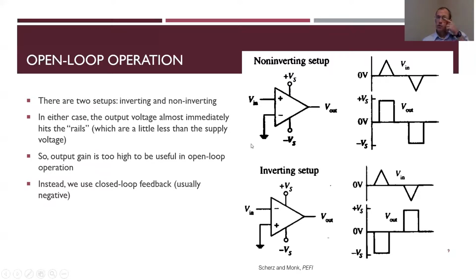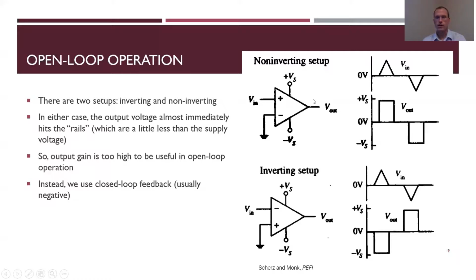The problem with open loop is that the output voltage almost immediately does something that we call hit the rails. I have some voltage source coming in powering this thing. My voltage out can really never be higher than that because I can't just make up energy.